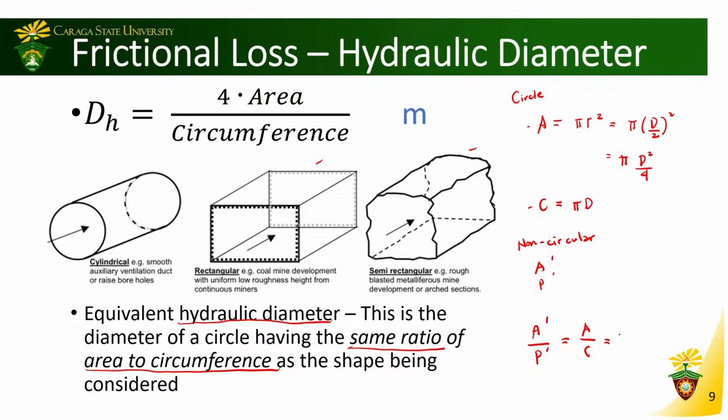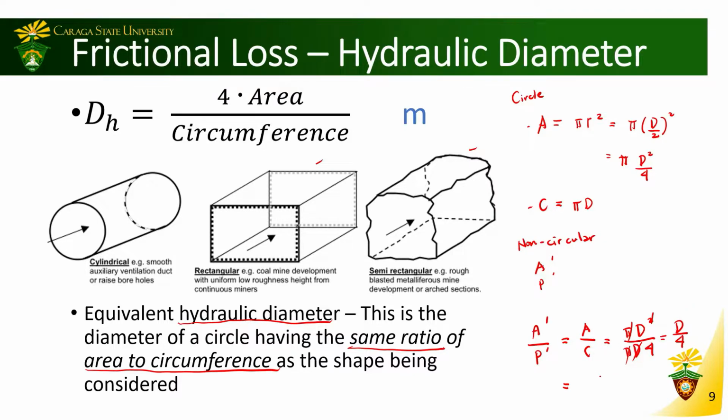And since we know that the area is equal to pi d squared over 4, all over the circumference, which is pi d, then pi cancels out, the square cancels out, and what is left is d over 4. And we could rearrange this for d.